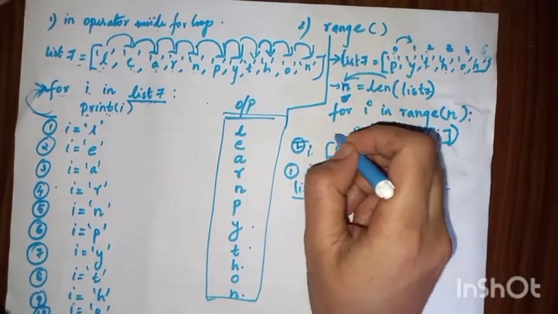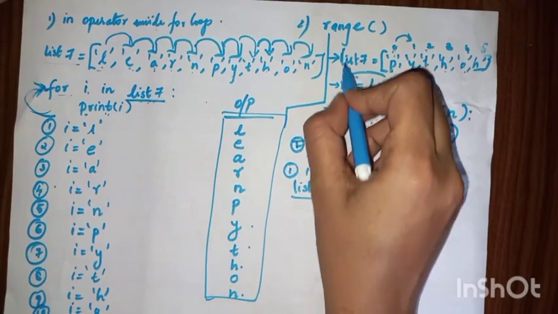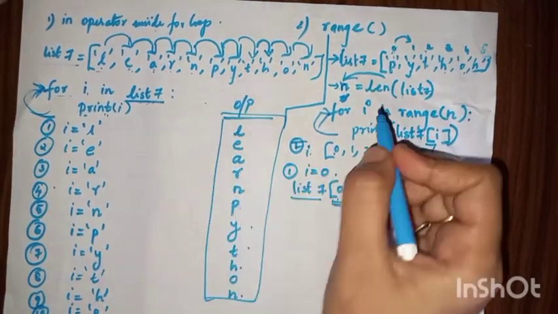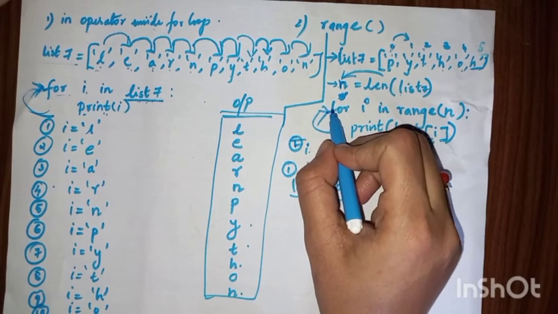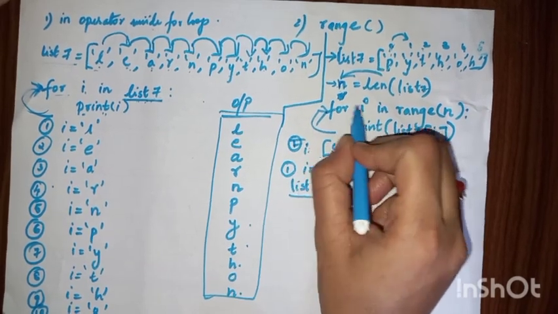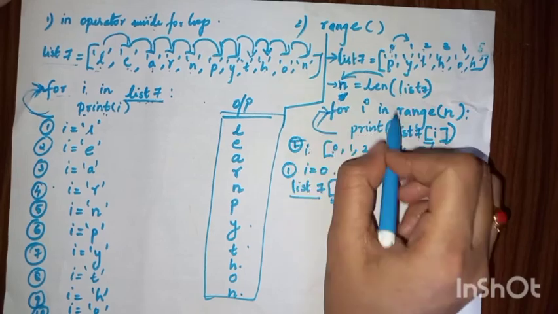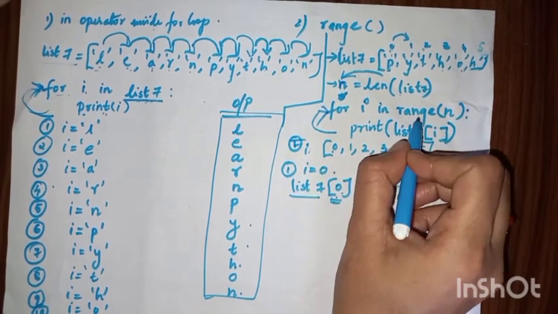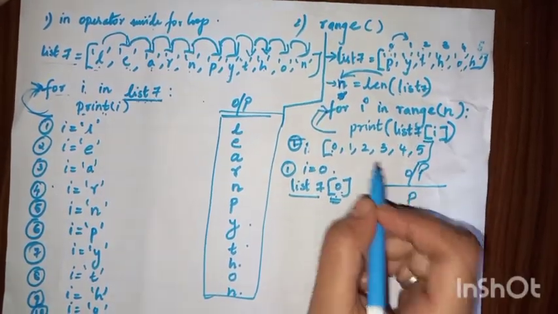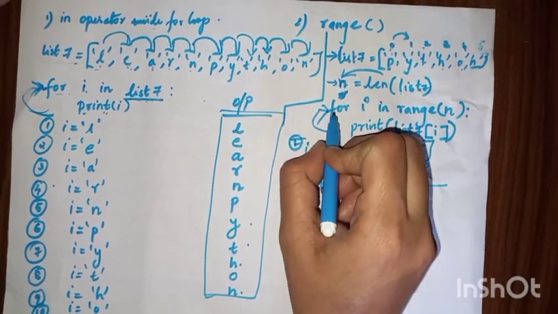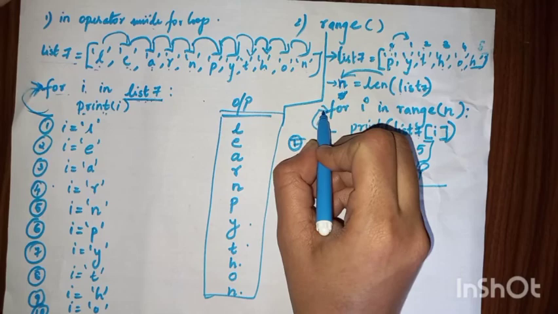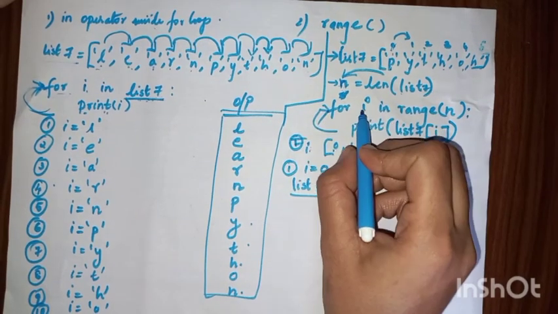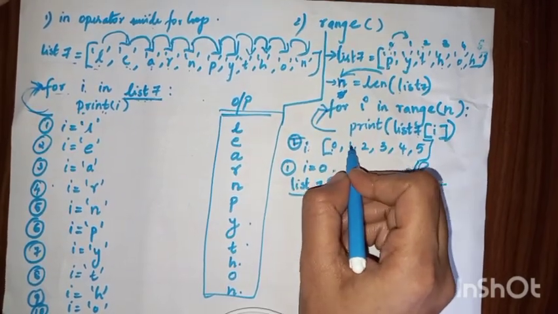Again, it will go to the for statement. Here, these statements will not be executed just once because this is a loop. When this statement starts executing, all the statements inside the loop will iterate until the for loop stops its execution. So, after executing this statement, again it will go to the start of the for loop. The value of i will now become 1.